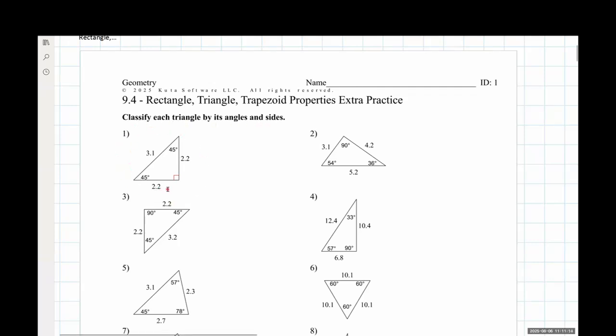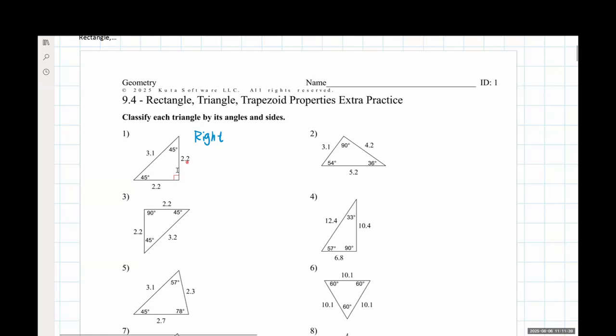Let's look at our first example. Looking at this, what am I noticing here? Well, I see that I have a right angle showing up, so this thing is going to, at the very least, be a right triangle based on the angles. I can write that in. Now I can look at the side lengths. What do I notice about the side lengths here?